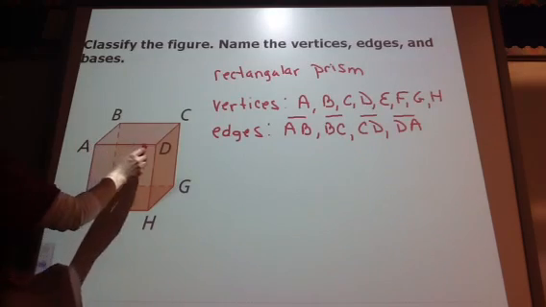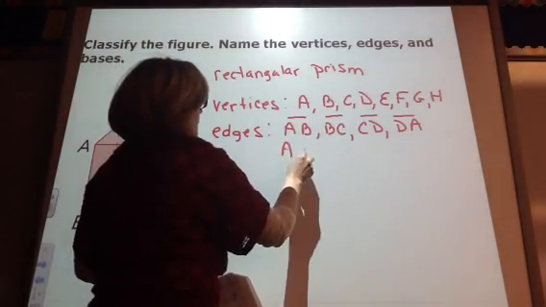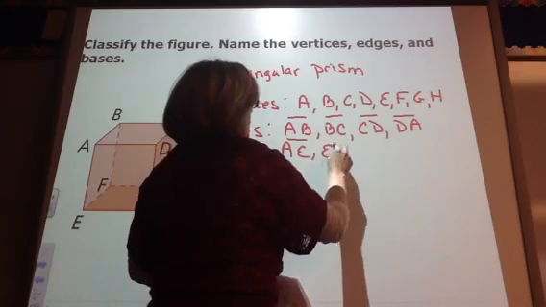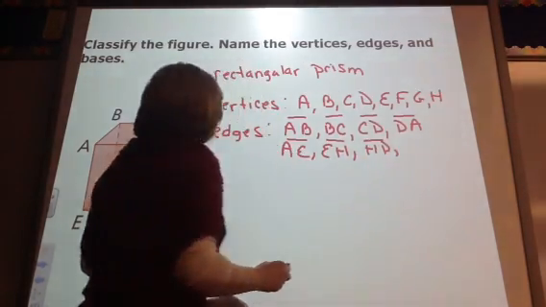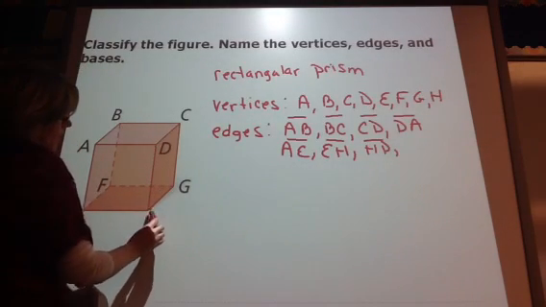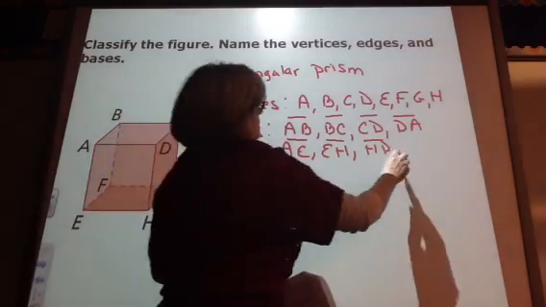We already have AD, same as DA. So let's go AE, EH, and HD. Okay, let's look on this side. We already have DH. We need HG and GC, and we already have CD.